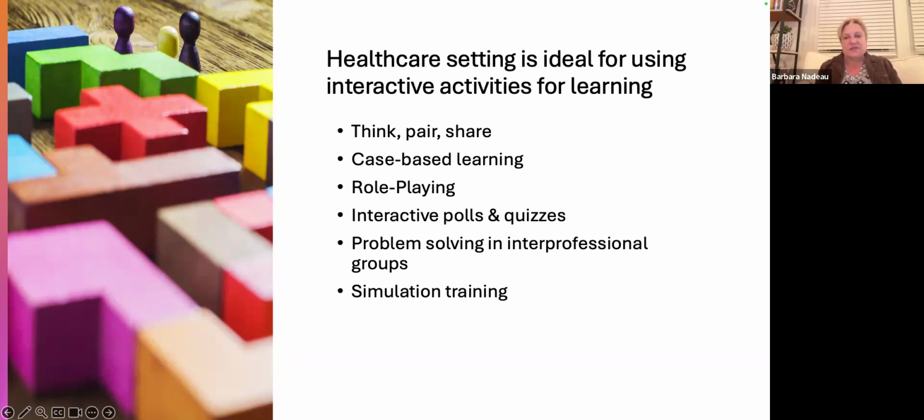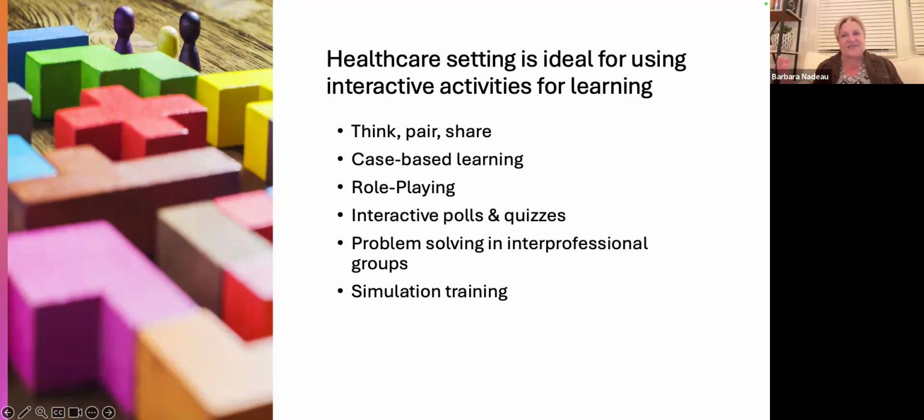Problem solving in interprofessional groups is also really a benefit of doing trainings in the healthcare environment. Typically, as we were saying before, our audiences are interprofessional. The one thing to keep in mind if you want to do that is that, at least in my work setting, people go to trainings and all the OTs sit together and all the PTs sit together.